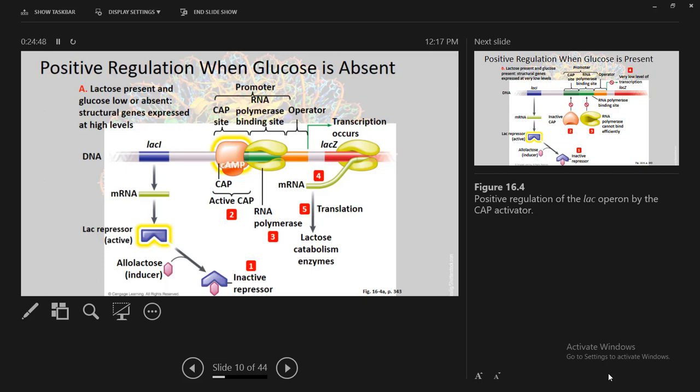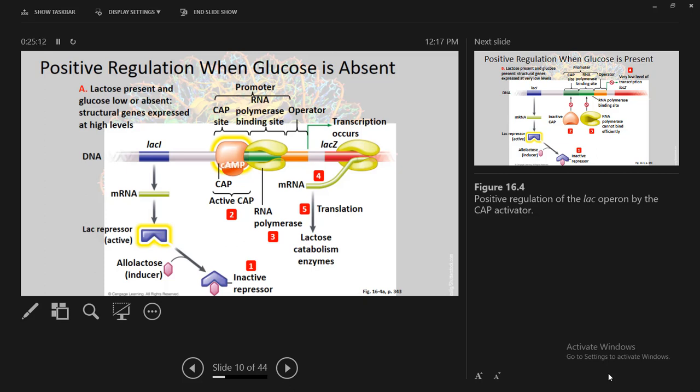It's just like ATP, but instead of 3 phosphate groups, it has how many? Just 1. Okay? And cyclic AMP basically increases the rate of transcription. And look, the numbers of cyclic AMP are high when lactose is present and glucose is low or absent.